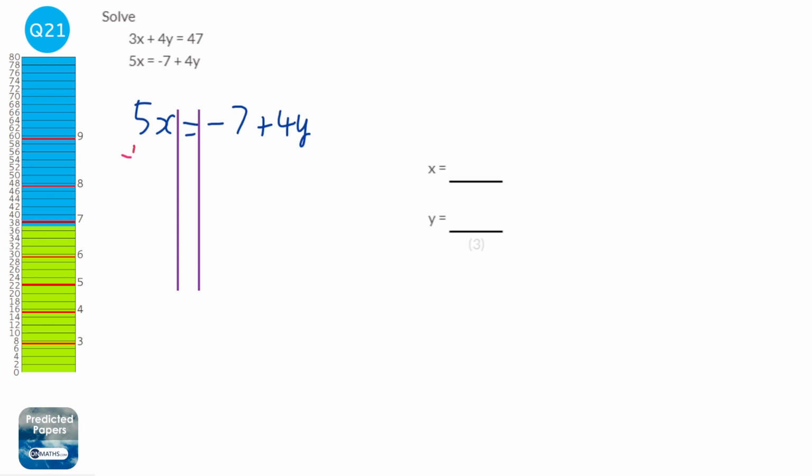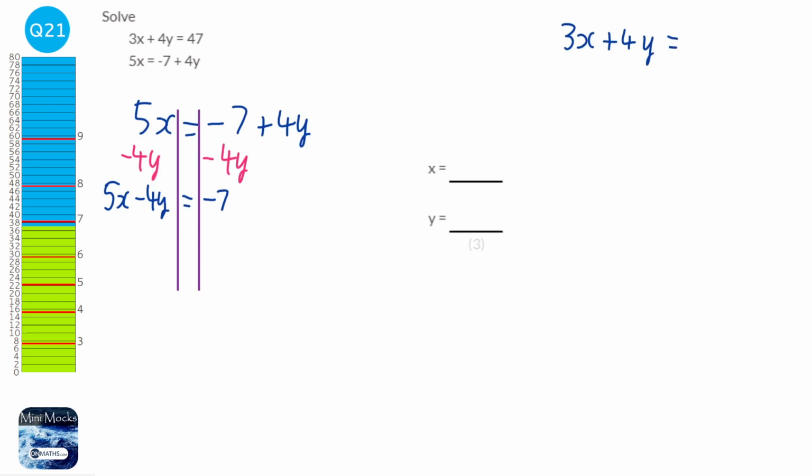In fact, all I need to do is take away 4y from both sides, and we get 5x minus 4y equals minus 7. Okay, so what we do now is we put both our equations down so we can solve these simultaneously.